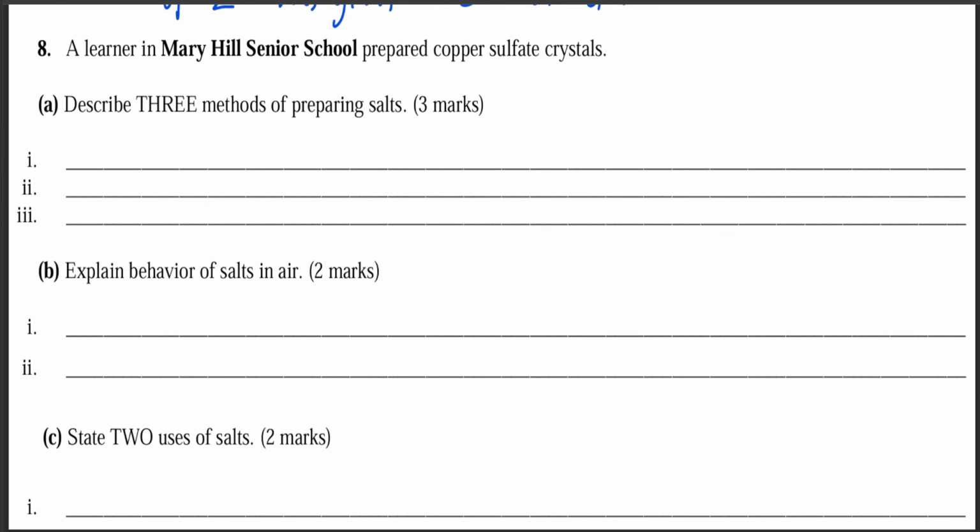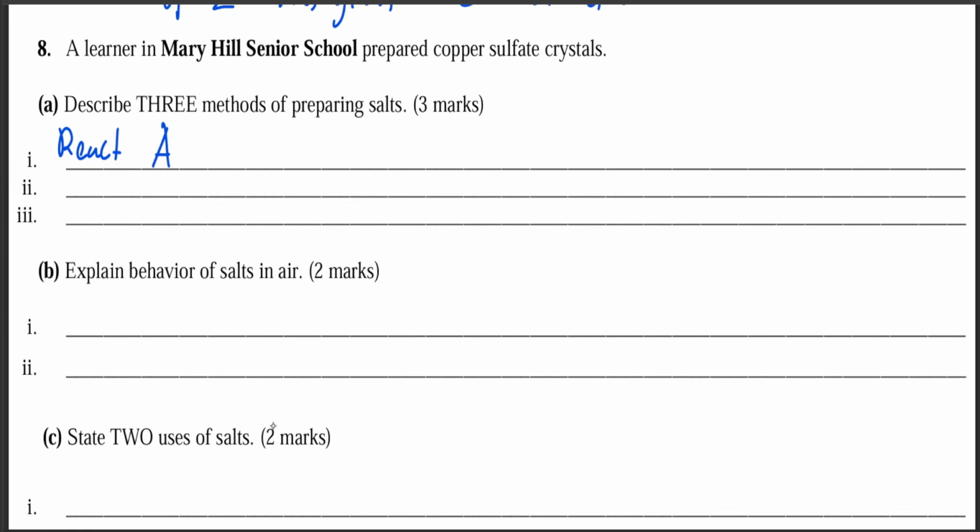Alana in Mary Hill Senior School prepared copper sulfate crystals. Describe 3 methods of preparing salts. So first, you take acid, react acid with a metal. So that's the first method.